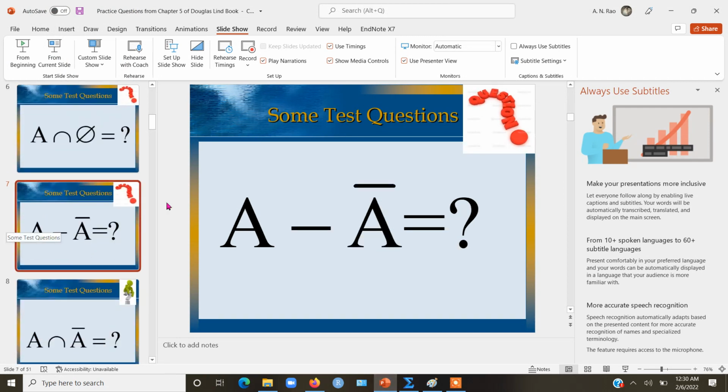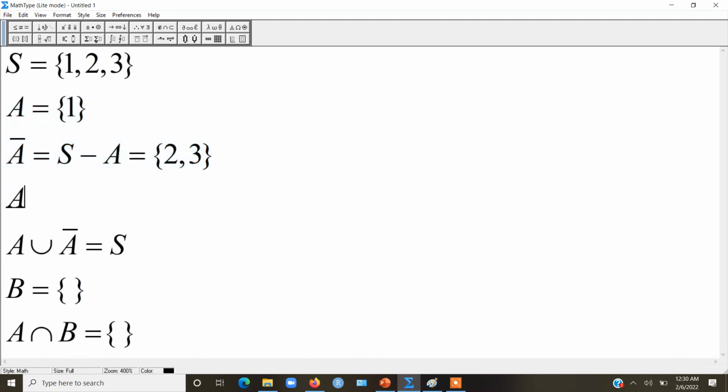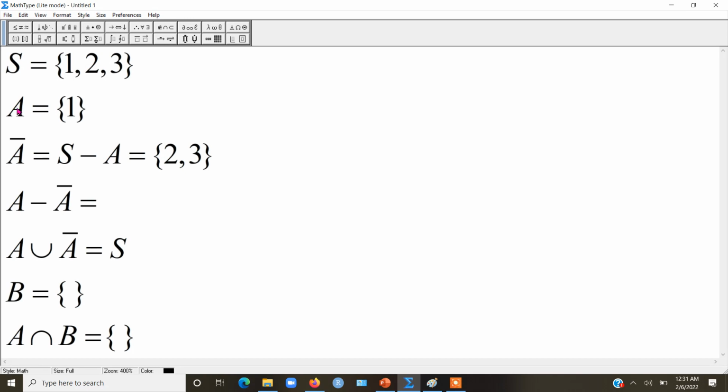Next we have, what is the difference of A and A complement? Coming back here, for example, if we have A and A complement, the sets are here, and I want to take the difference between A and A complement. What does that mean? All those elements which are there in A but not in A complement. Of course we know that A and A complement are exact opposite events of each other. So all the elements which are there in A are not in A complement, because this is the definition of these two events, that they are exact opposites of each other.